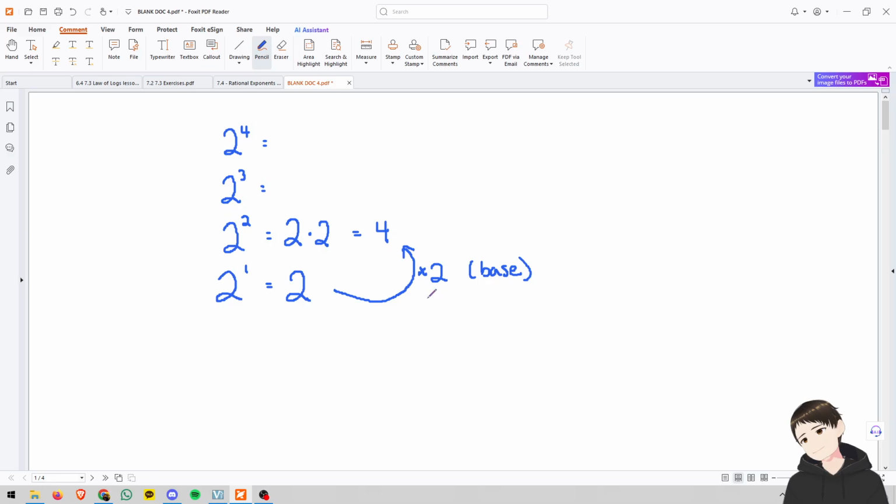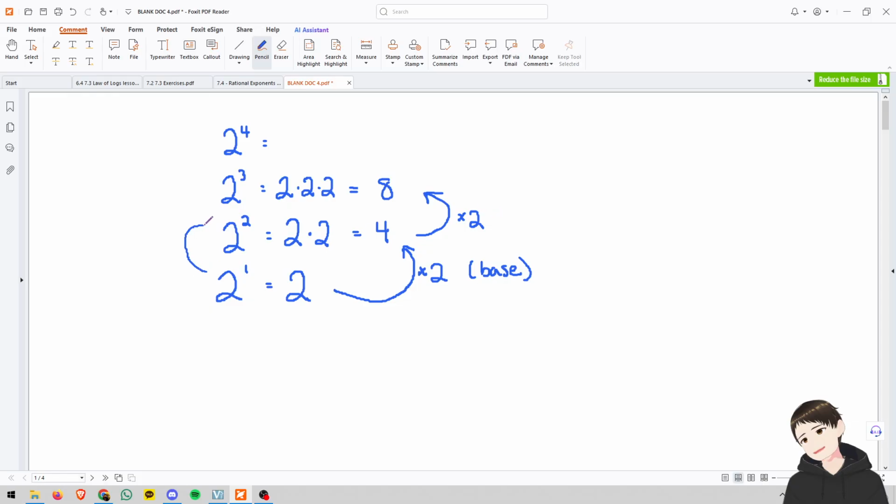It's not a 3, it's not a 4, it's always a 2 because the base is a 2. 2 to the power of 3 is, you might have guessed, 2 times 2 times 2. And that is the same as taking the previous value, 2 times 2, and multiplying another 2, or another base, to it. So let's get the pattern.